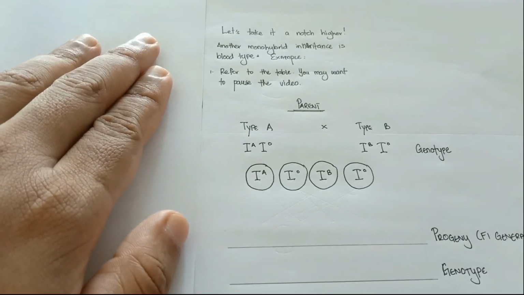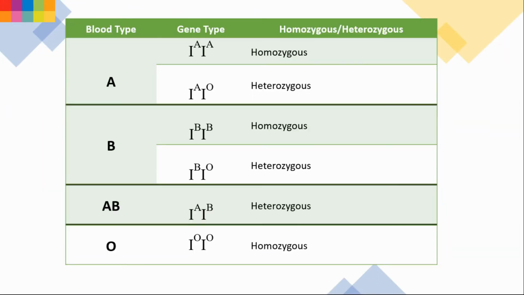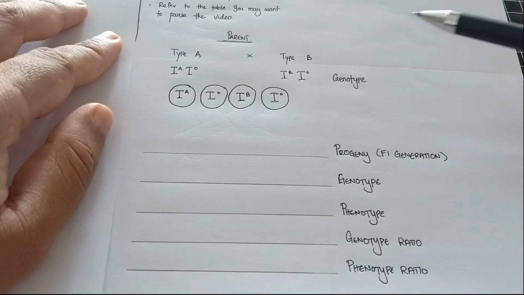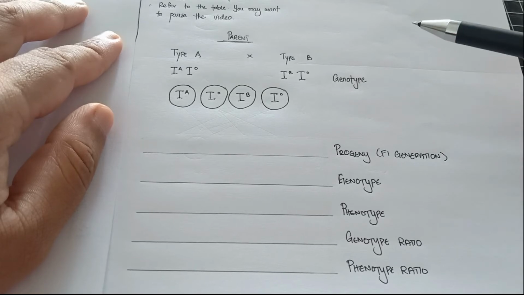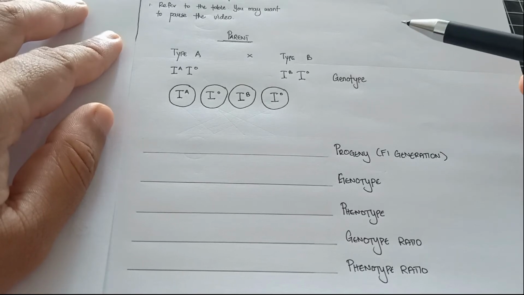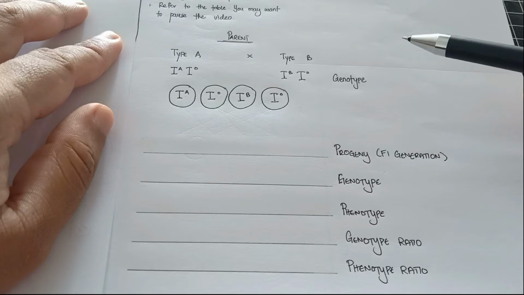So you may pause your video when the table comes up. In order to do this pedigree diagram, please refer back to the video from time to time. Refer back to the table that I've already provided so that you don't get confused.